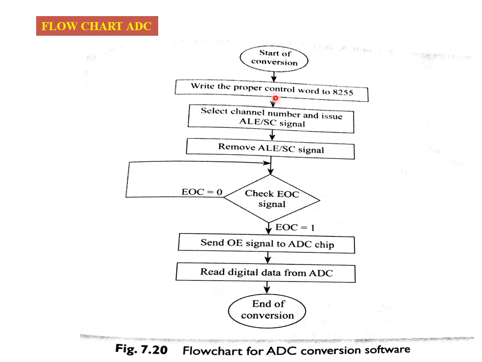Once the port directions are decided, then the SC signal is received by the ADC converter. SC is nothing but the start conversion signal. When the start conversion signal is received, immediately the ADC starts converting analog data to digital data.